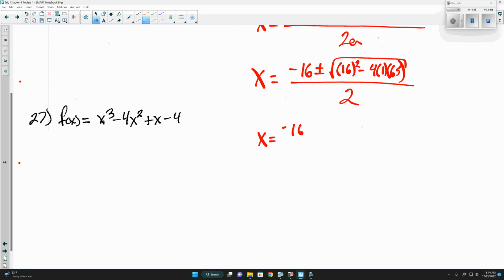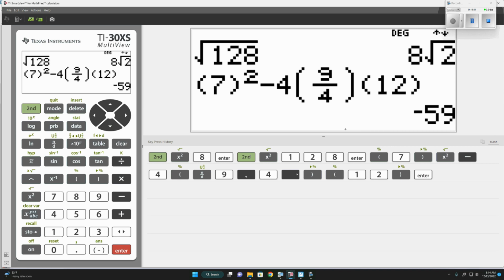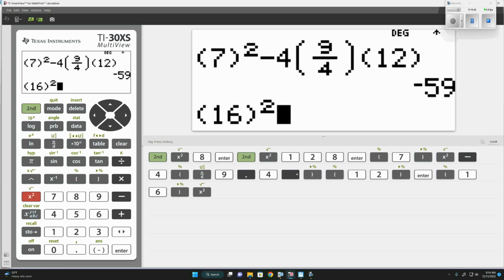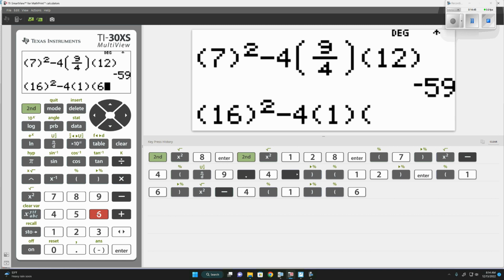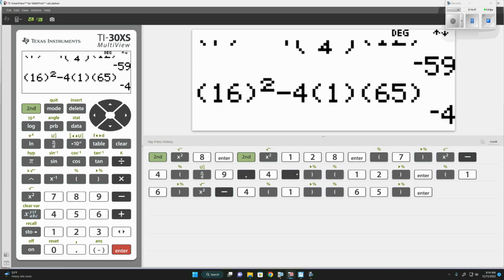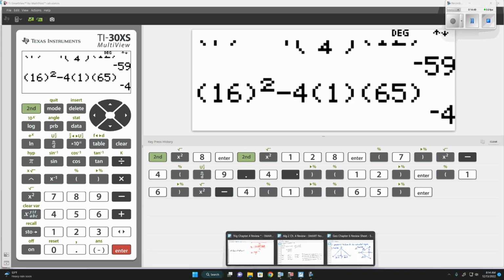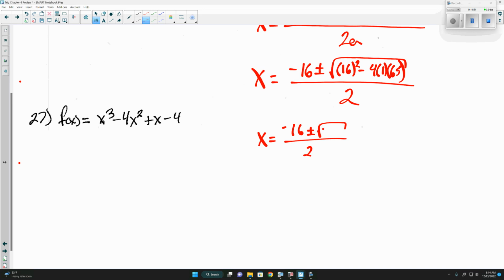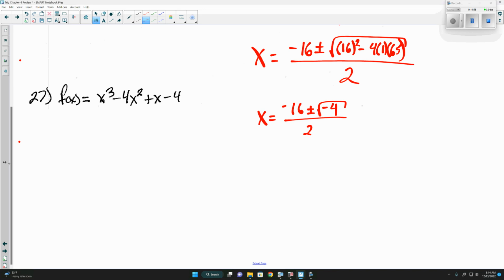Now we can do some simplifying. 16 squared minus 4 times 1 times 65 gives us negative 4. Now we can simplify the square root of negative 4.